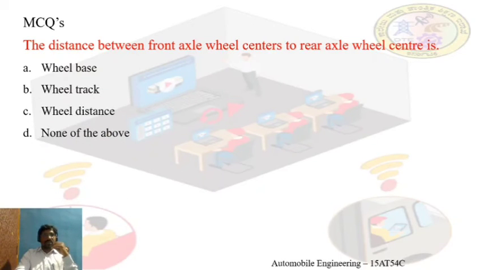The four options are the wheelbase, wheel track, wheel distance, and none of the above. The correct answer is option A, wheelbase. In the previous slides, I explained that the distance between the front wheel center and the rear wheel center, if you measure it, is called the wheelbase.